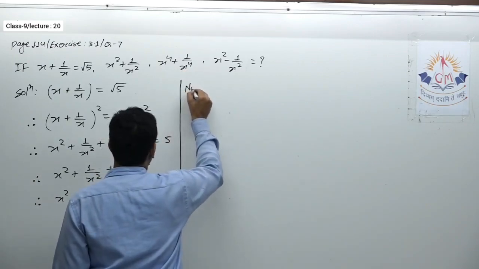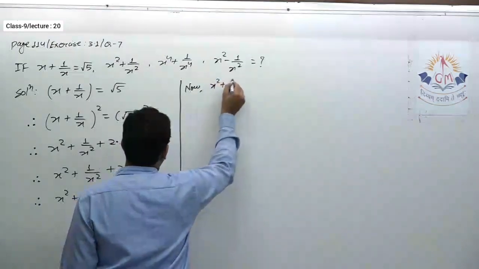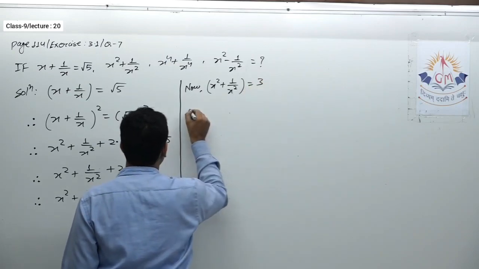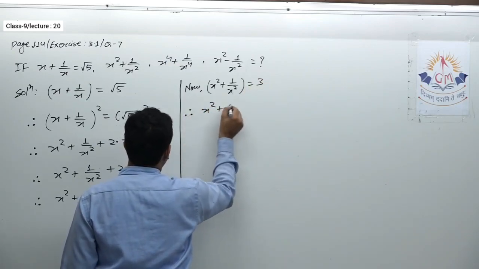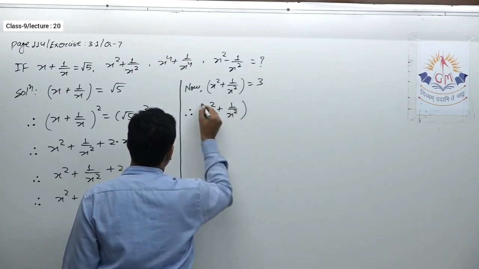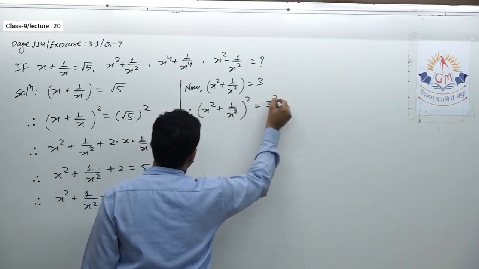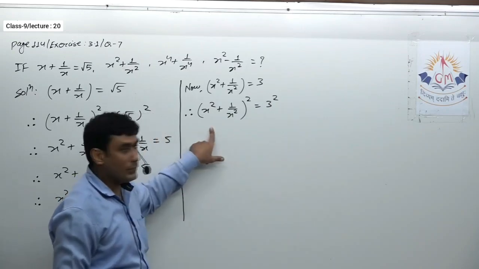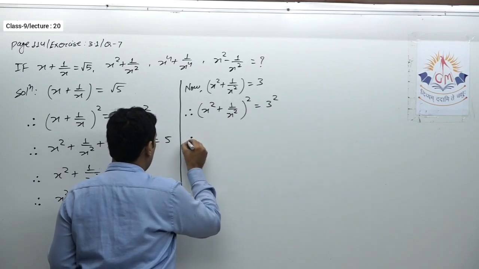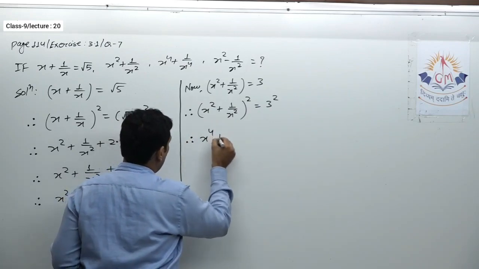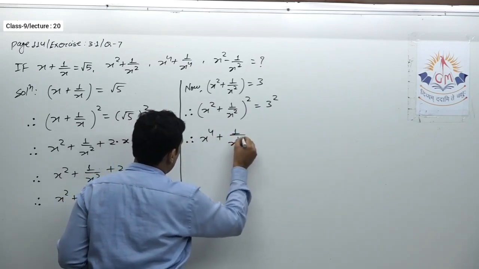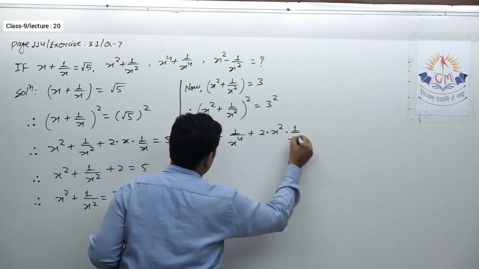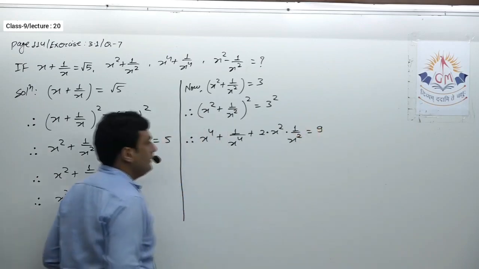So now x square plus 1 upon x square is equal to 3. Therefore x square plus 1 upon x square whole square is equal to 3 square. Now when you square this, by applying the identity of a plus b whole square I do get x raised to 4 plus 1 upon x raised to 4 plus 2 into x square into 1 upon x square is equal to 9.